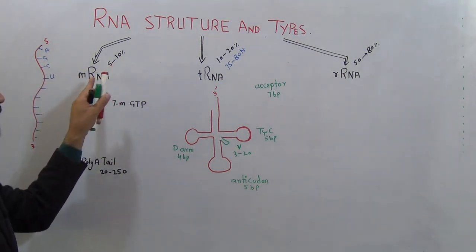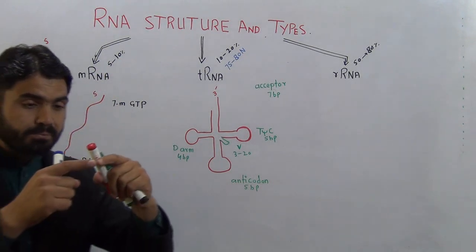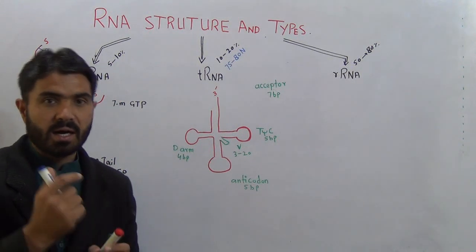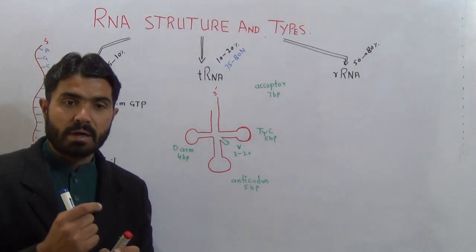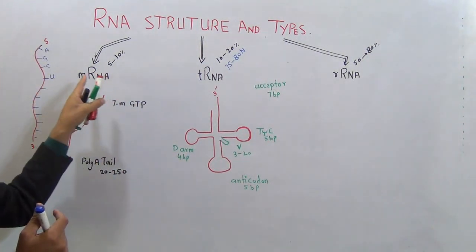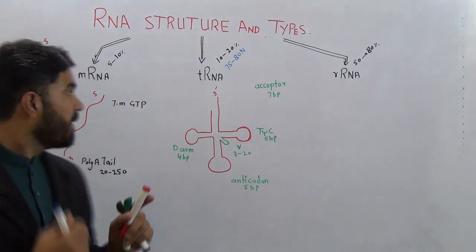The percentage of messenger RNA is from 5 to 10%. If you go inside a cell, you will find RNA, and then you will find the percentage of each type of RNA. So messenger RNA is 5 to 10% inside your cell.